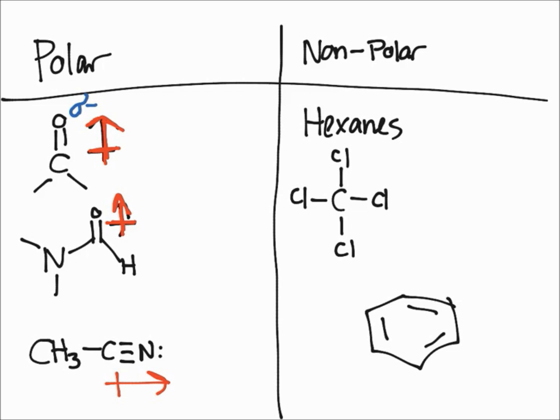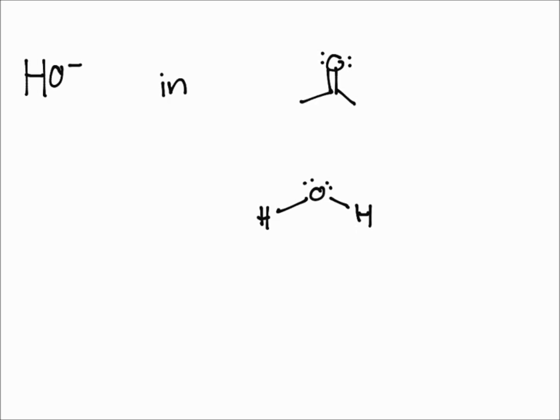Let's talk about an example. We're going to use the nucleophile OH minus and put it in two different solvents, and you can try to decide which one you think would work better.